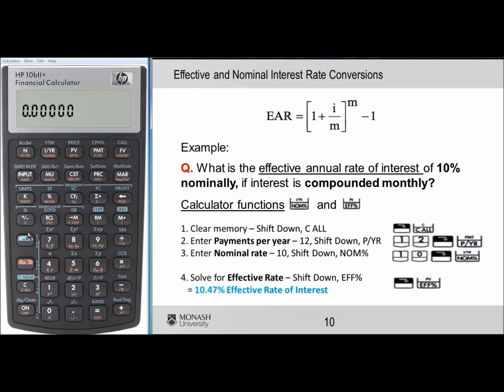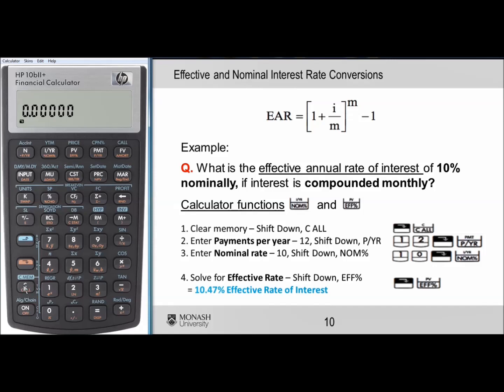First of all, clear all memory, Shift down C. Then enter the correct payments per year. The nominal interest rate in this example is 10% compounded monthly. Therefore, we need to set our calculator into 12 payments per year mode.